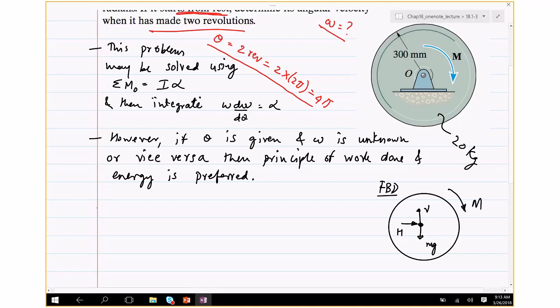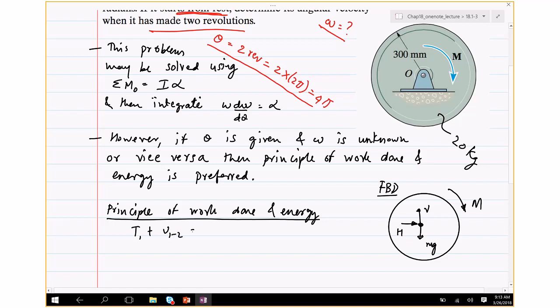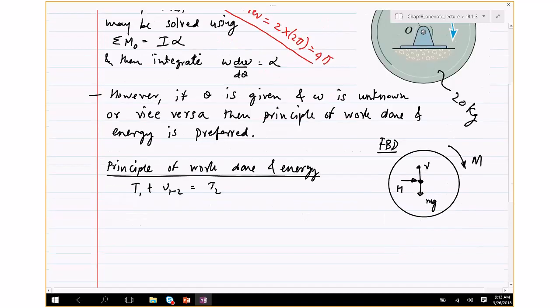So we're going to use principle of work done and energy, which states that T1 plus U12 equals T2. Okay, let's find these quantities and see if we can solve the problem.